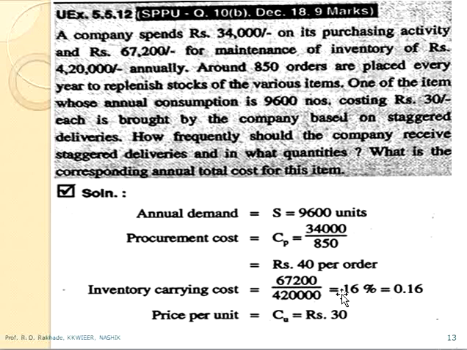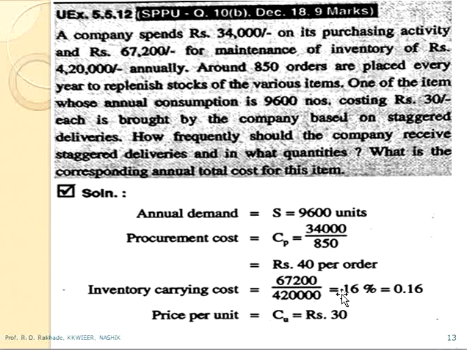So annual demand is S equal to 9,600 units, bought by the company based on staggered delivery. How frequently should the company receive staggered delivery and in what quantity?